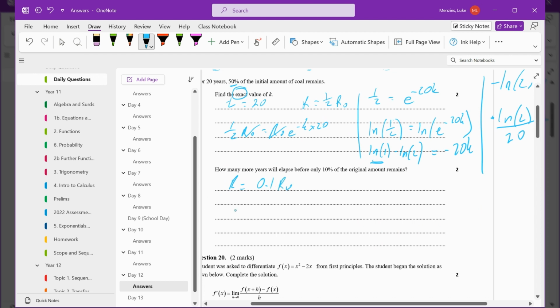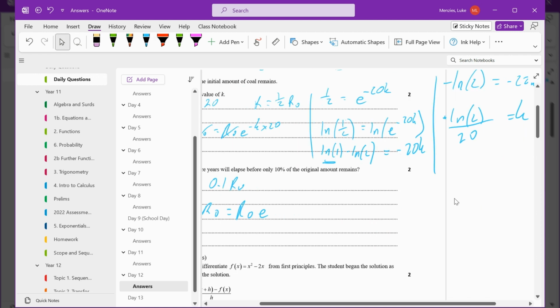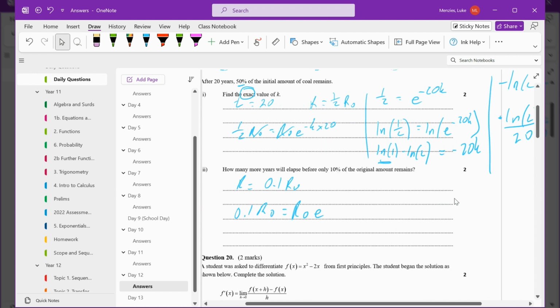So 0.1 R0 is equal to R0 e, and don't forget that this time we've got to change the value of K because we said K was equal to that.